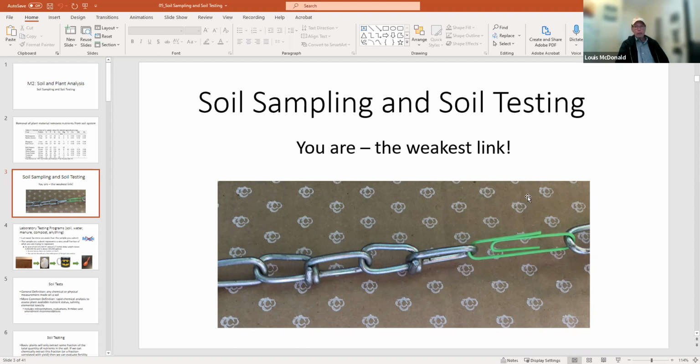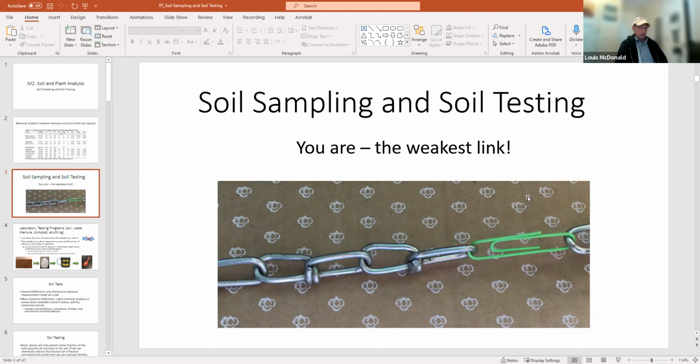And it doesn't take much education to do that, and thus it doesn't pay very well. You're far better to be the person that designs it and manages the people who go do it. So you need to have the skill and the knowledge and the understanding to know what goes into a good sampling plan and understand what happens to that sample when it gets to the lab. And that's what we're going to talk about for the next couple of times.